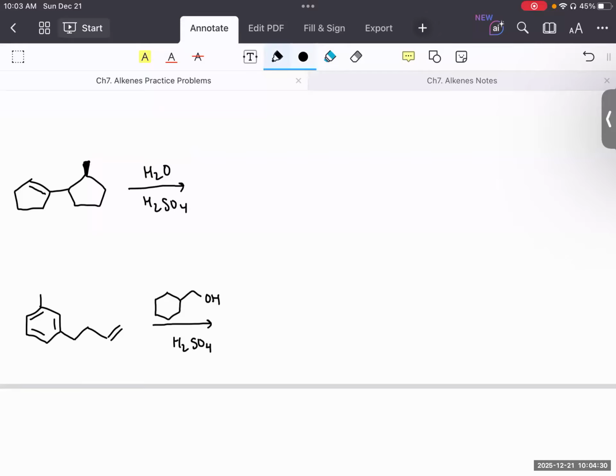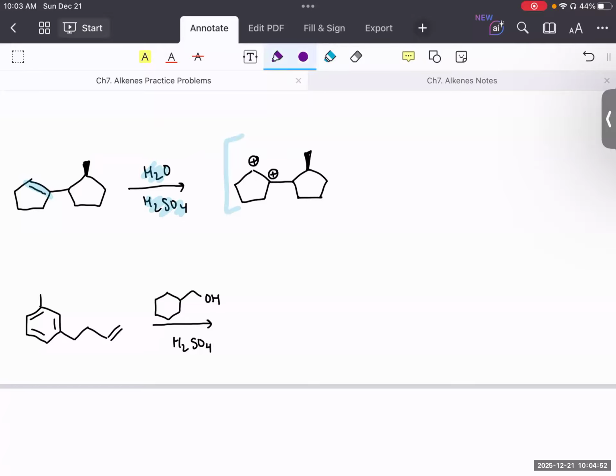All right, here, same thing, alkene, water, source of acid. So first we can draw in our potential carbocations that we could get. And so we could get one at the secondary position or this primary position here, or tertiary position on the right.